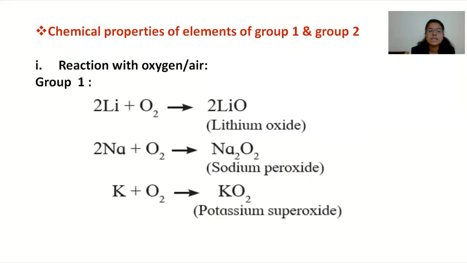Now next is the chemical properties. In chemical properties of group 1 and 2, the first property is reaction with oxygen or air.